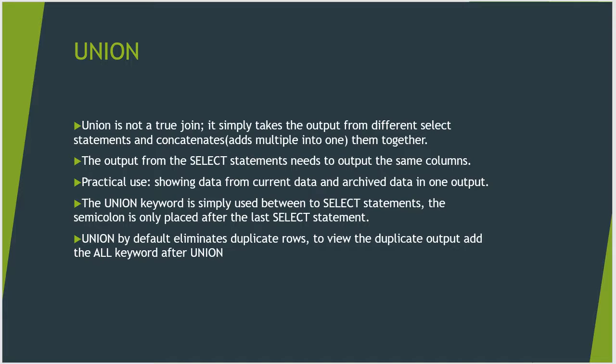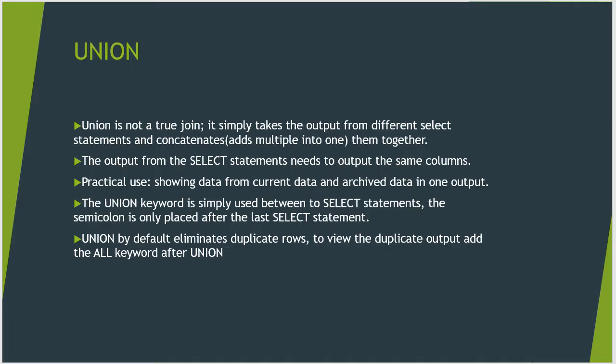So practical uses. You may have archived data. So anything that was sold in, say, 2019 could be moved into an archived table, and then you would have a table for current year.